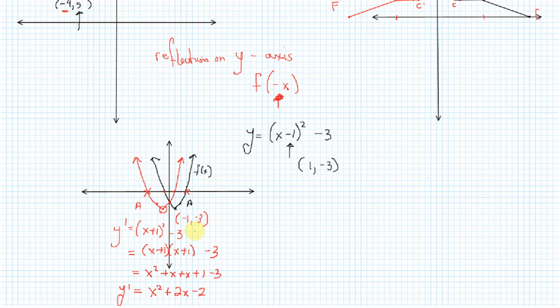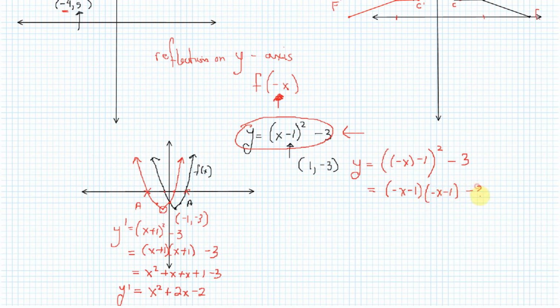Here, with my original equation, I'm going to start here. Remember that we input a negative x, so to reflect this, I'm going to take y is equal to bracket, and I'm inputting a negative x minus 1, and I'm squaring that minus 3. So when I expand this out, I have negative x minus 1 times negative x minus 1 minus 3.